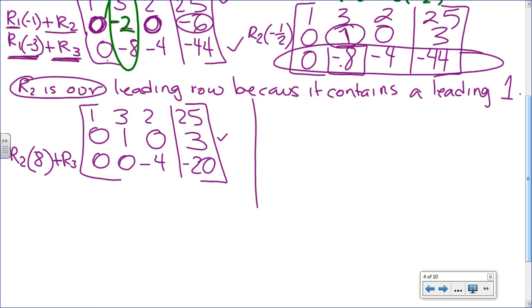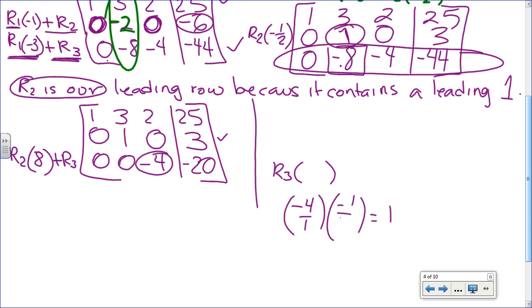Correct. So now we need to multiply R3 times, you have a negative 4. So you have a negative 4 over 1. What do you need to multiply by to get a 1? That will be negative 1/4. So that's what we use here. We're almost done, I promise.